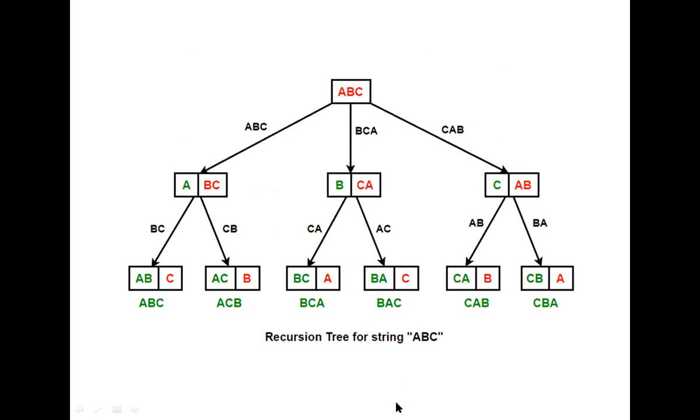What is the constraint here? You cannot place B in between A and C. That is our constraint, so that is an implicit constraint.